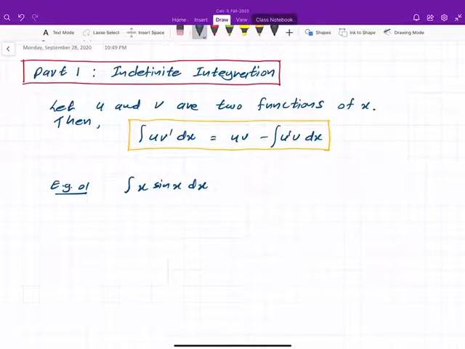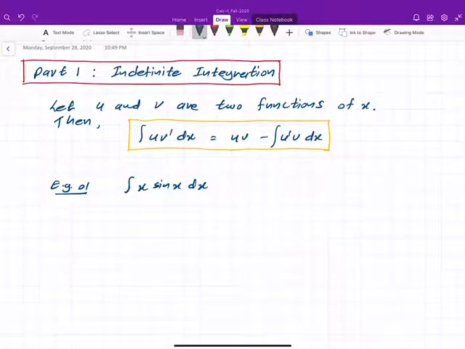Since we have learned integration, you might check whether there is any ready-made formula that you could use to solve this. The answer is no. No formulas to solve this. The way of solving this problem is using integration by parts.